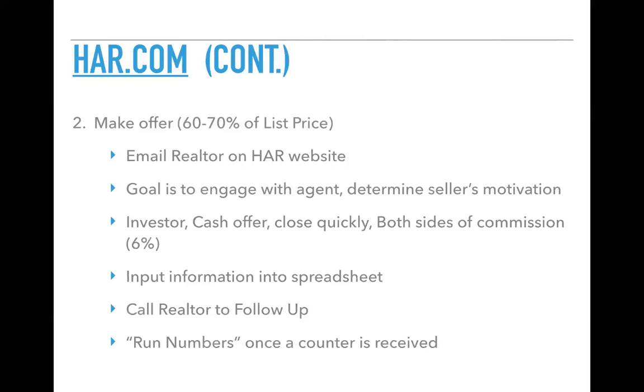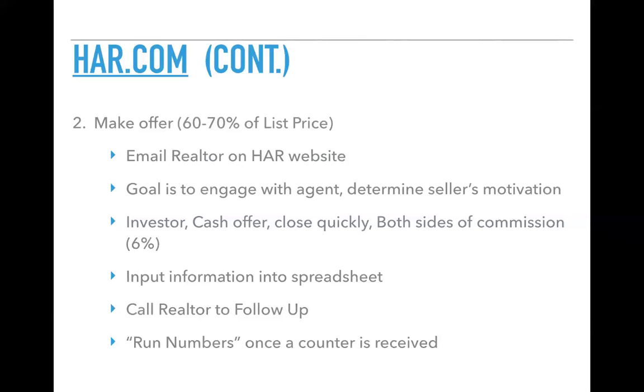We won't really run any strong analysis of these deals or leads until we get a counter offer, because again, the whole name of the game is to get as many offers out there as possible. We're casting a really wide net, high volume, so that we can get a deal. Typically, what I've found is anywhere between 100 to 140 offers will yield at least one deal.